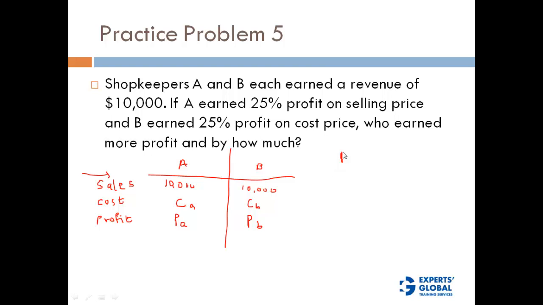So that means profit of A is 25% of the selling price of A, which is $10,000, right? B earned a profit of 25% on cost price. So that means his profit was 25% of cost price. So who earned more profit and by how much?